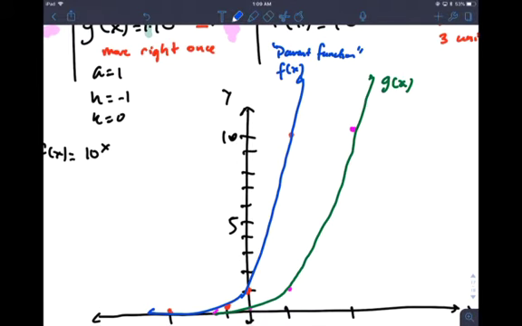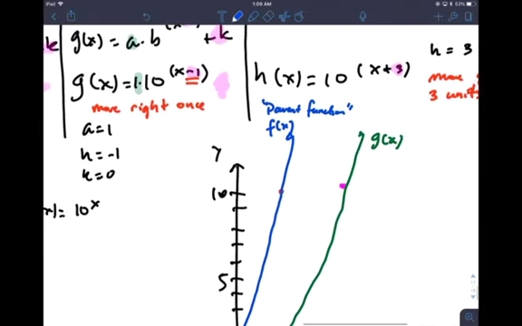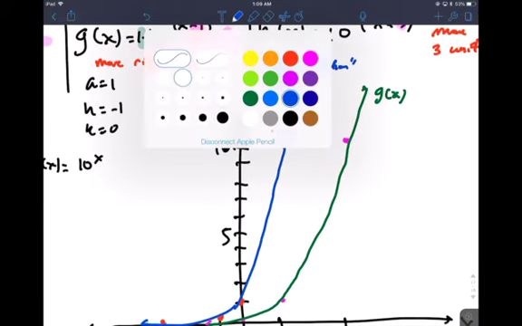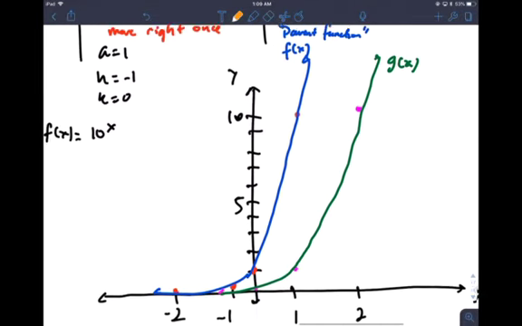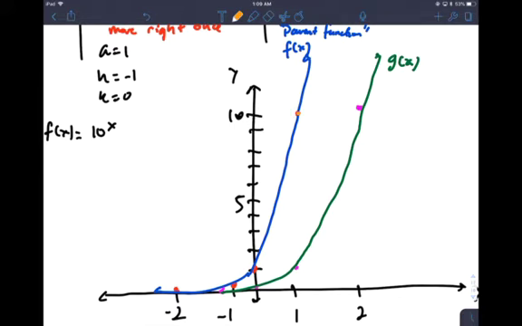Let me use orange for this one. If I move this point 3 times to the left, it will be right here. It will go from 1 to negative 2. If I move this point 3 times to the left, it would be at negative 3, and so on.